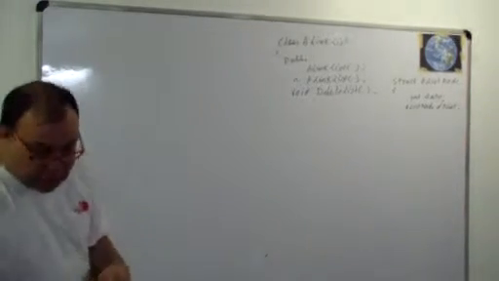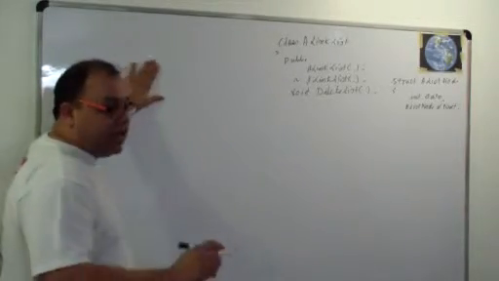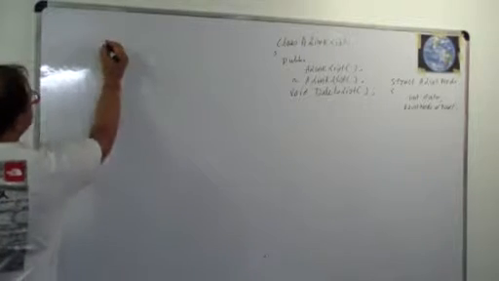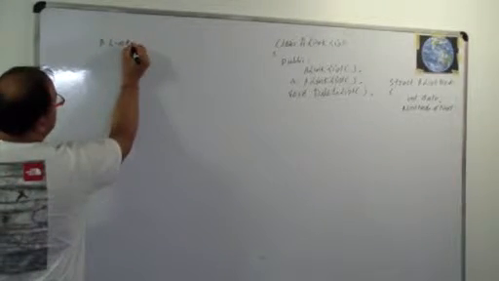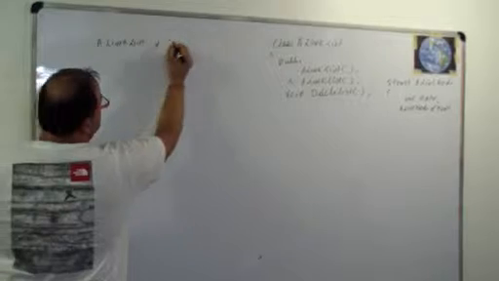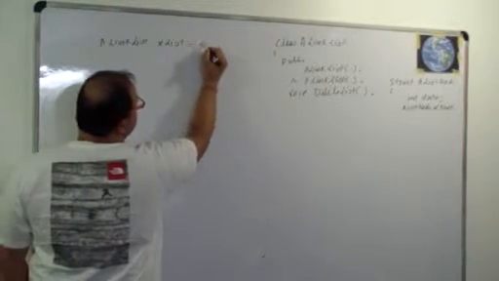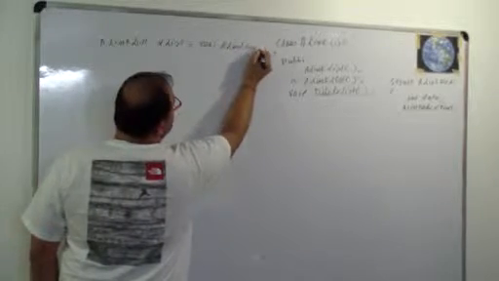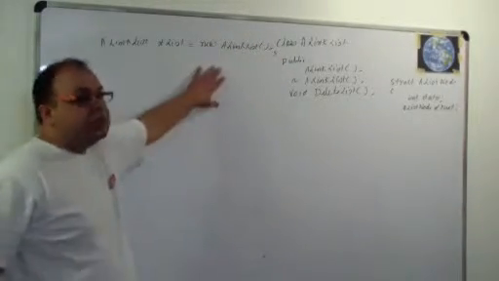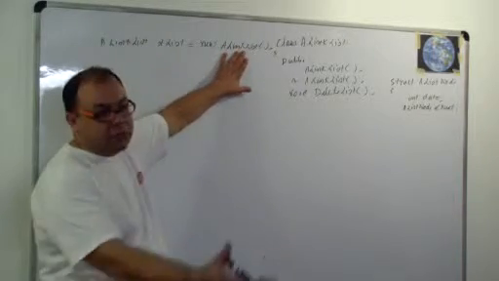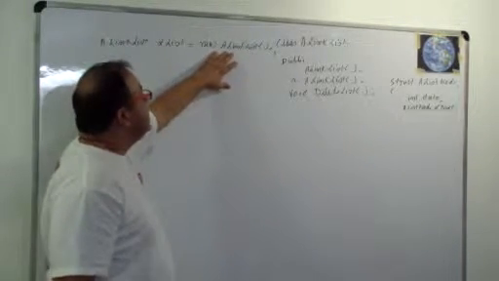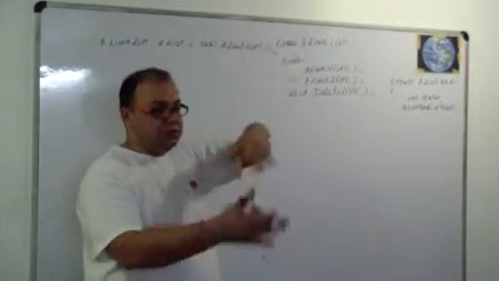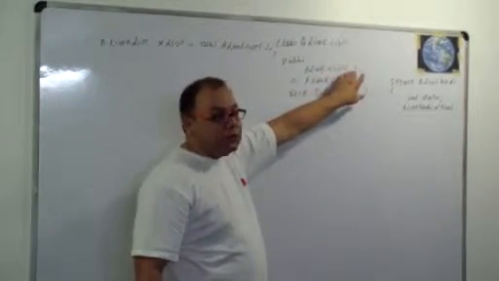Whenever you make a class and you instantiate a class, let's say I have to instantiate this class. So I will say a linked list star list is equal to new a linked list. As soon as you say new in C++, or in C# also, it will actually go to the constructor and perform whatever is written in that constructor.